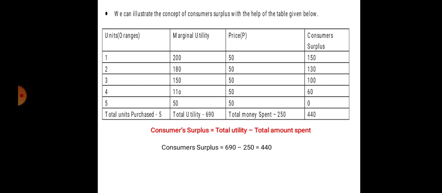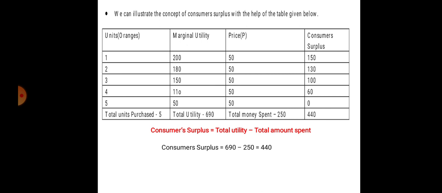So at the fifth orange, marginal utility in terms of money is 50 and price is also 50. The total utility when the consumer purchases 5 oranges is 690 paise, and the total money spent on these oranges is 250 paise.